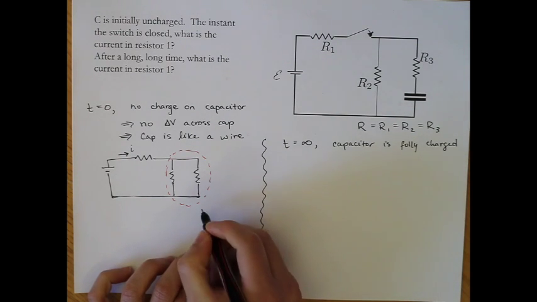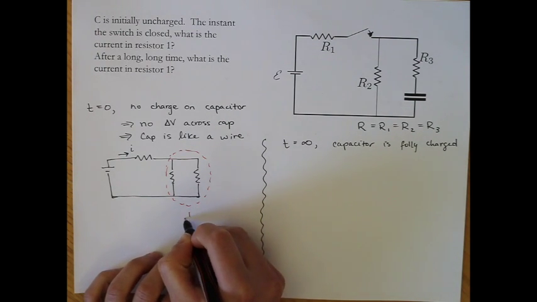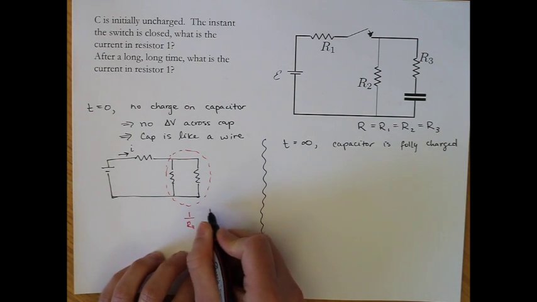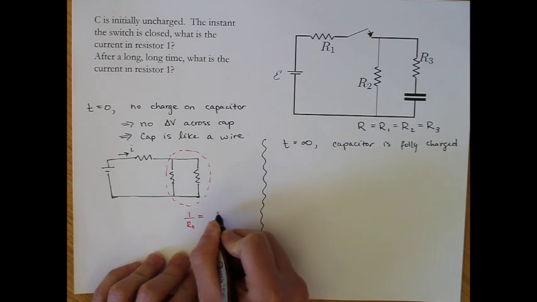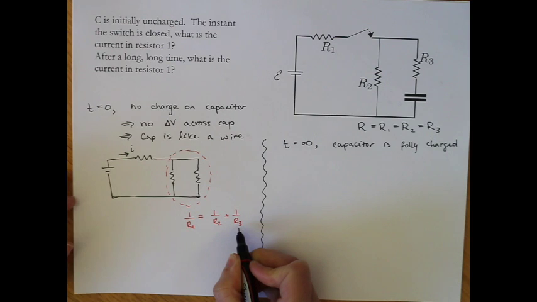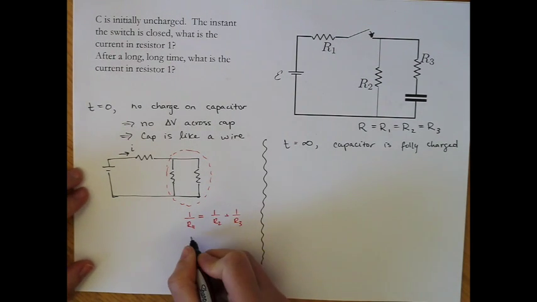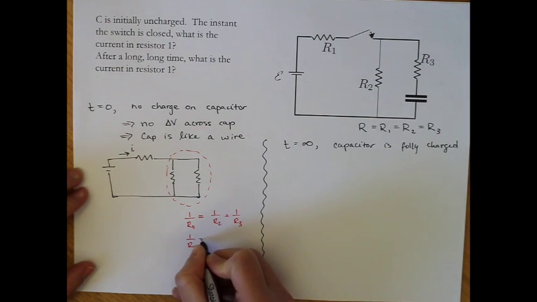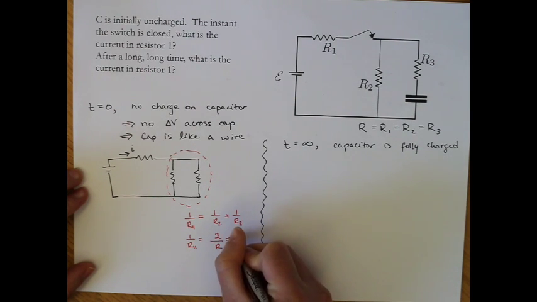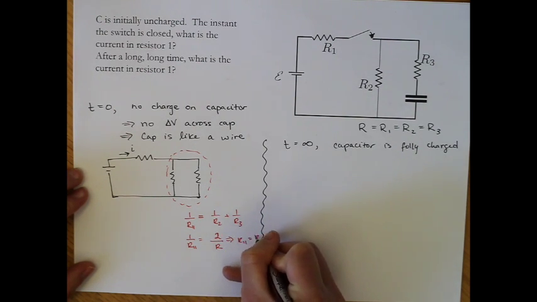So we've got 1 over R parallel, because in parallel, the inverses of resistances add. 1 over R parallel is 1 over R2 plus 1 over R3. And R2 equals R3 equals R. So 1 over R parallel equals 2 over R, which means that R parallel equals R over 2.